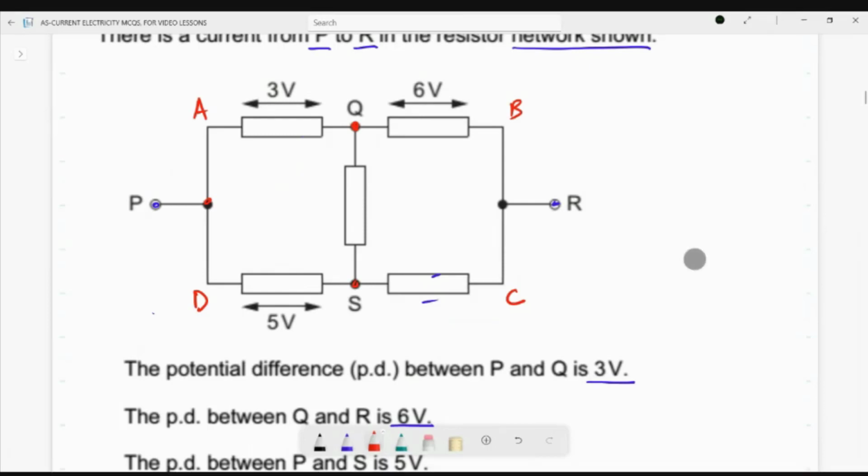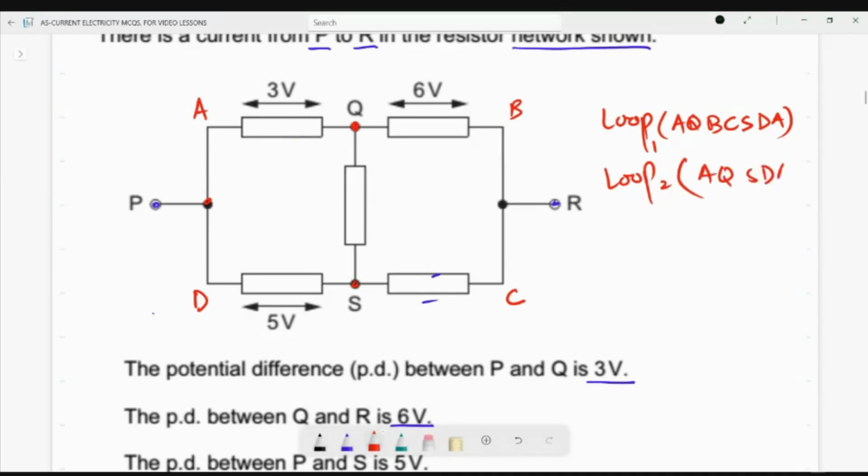Loop 1 is A, Q, B, C, S, D, and A. Loop 2 is the inner loop A, Q, S, D, A. And the third loop, loop 3, is the right loop, that is Q, B, C, S, Q.